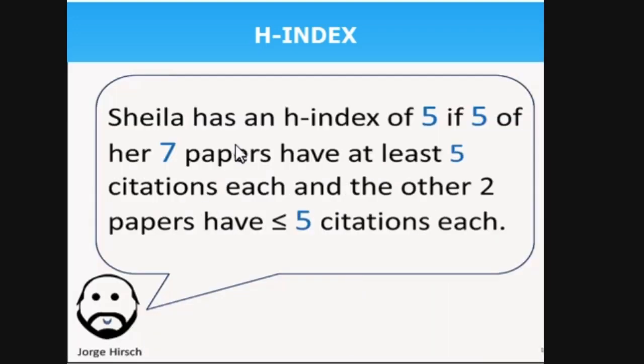So now you read this, you will definitely understand. Celia has an H index of 5. We know that if 5 of her 7 papers, she has published 7 papers, have at least 5 citations and each of the other 2 papers have less than 5 citations. Now it is easy to understand, right?